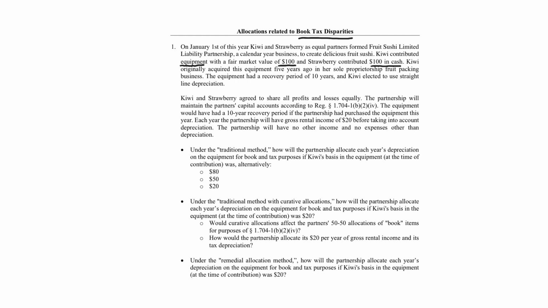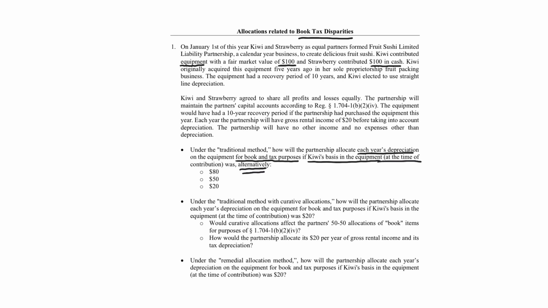How will the partnership allocate each year's depreciation on the equipment for book and tax purposes if Kiwi's basis in the equipment at the time of contribution was alternatively these different amounts: $80, $50, and $20?